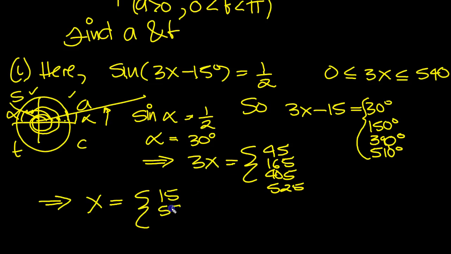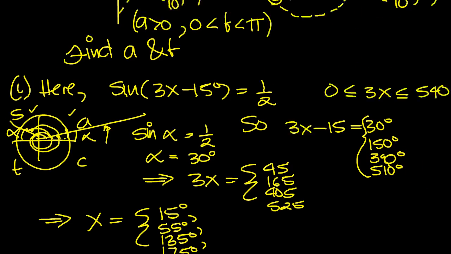If they're not in the range, we'll take a closer look at the individual example. Here divide by 3, 135, still in the range, isn't it? And this one divide by 3 is 175, which is still in range. So these are the solutions for x. So that's part 1 then.